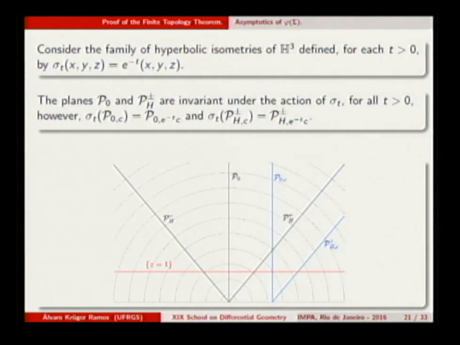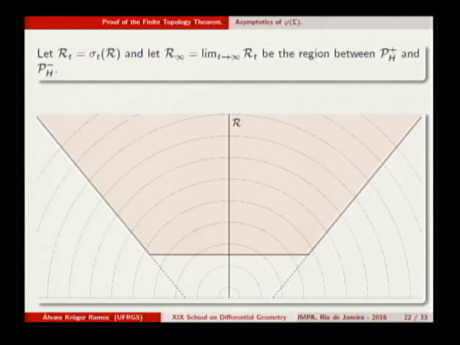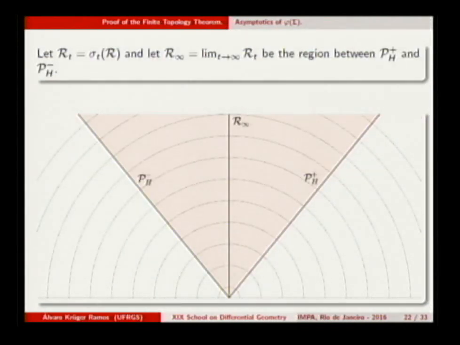Well, they stay still. They don't move. They are invariant under this hyperbolic movement. But the other planes, which are parallel in the Euclidean sense, start moving towards the other planes. So every plane P sub C goes to the plane P sub e to the minus T times C. So they start converging. This region R starts moving like this until it converges to this region which we are calling R infinity.